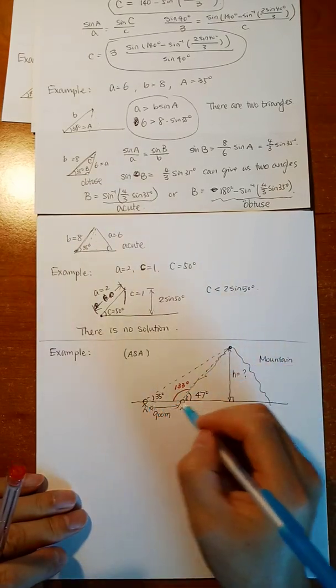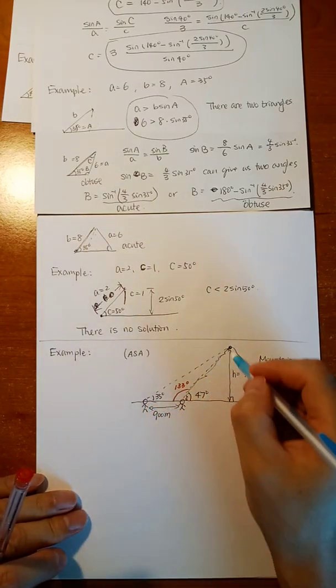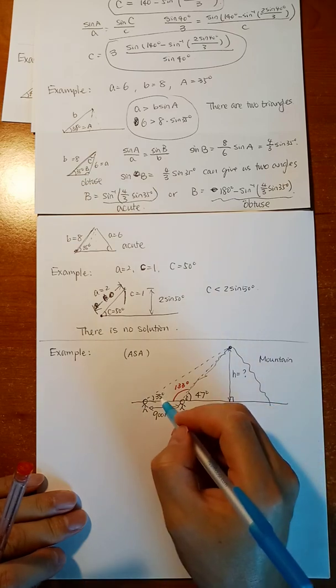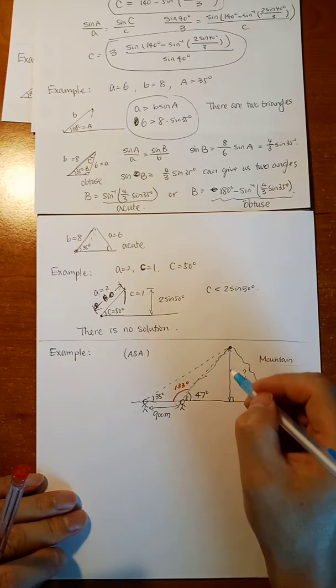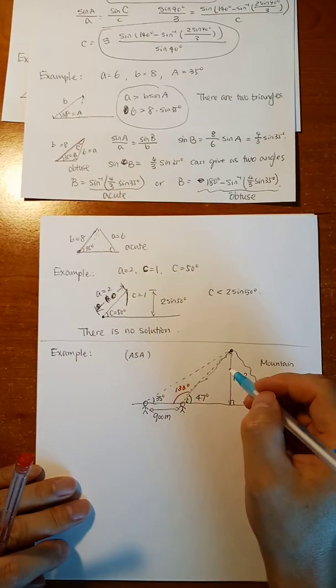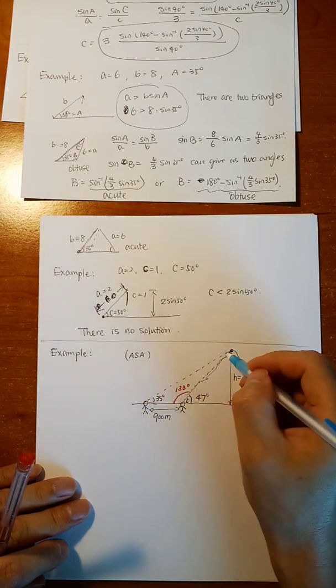In this bigger right triangle, I know one angle. If I know the hypotenuse, I can compute the height. What is the hypotenuse? The hypotenuse is this side.